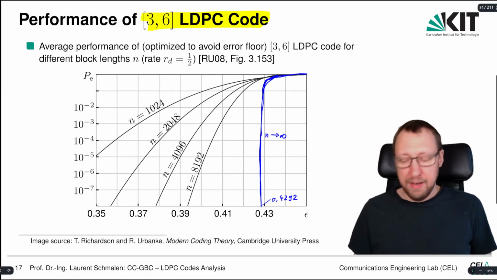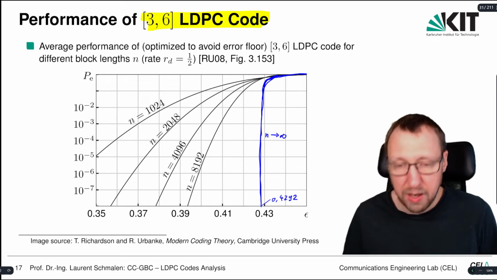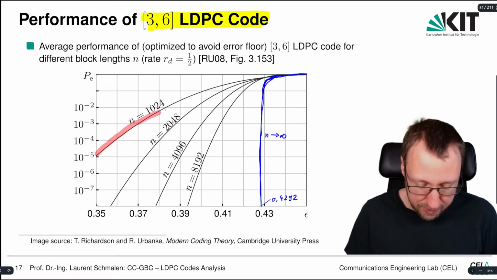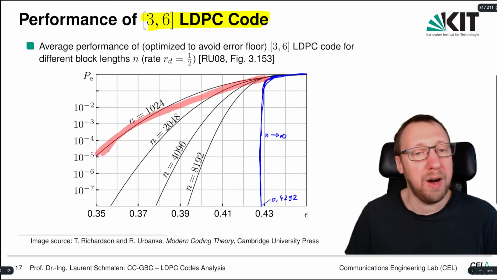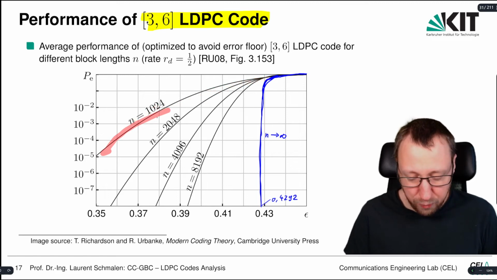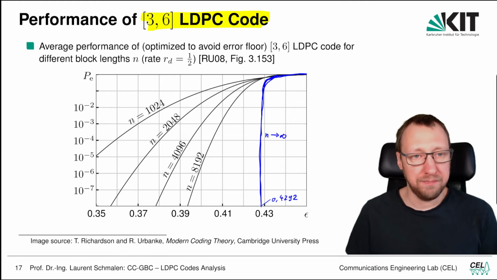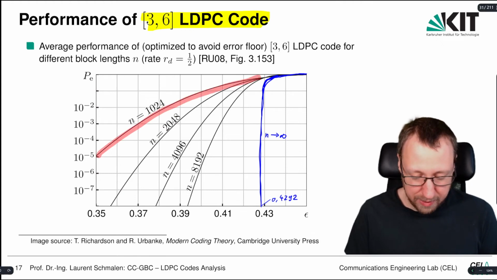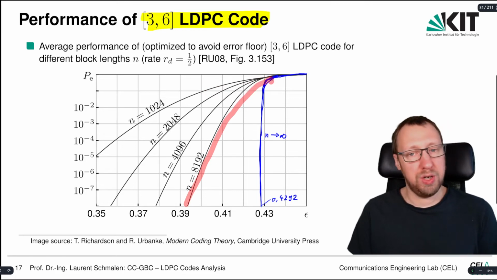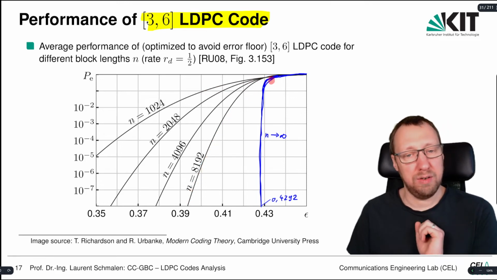And what we see here is the following. If we actually construct codes, then the performance is pretty far away from those. But if we increase n, so these are just some codes that have been constructed, and if we increase n, we approach the performance of the ideal code.